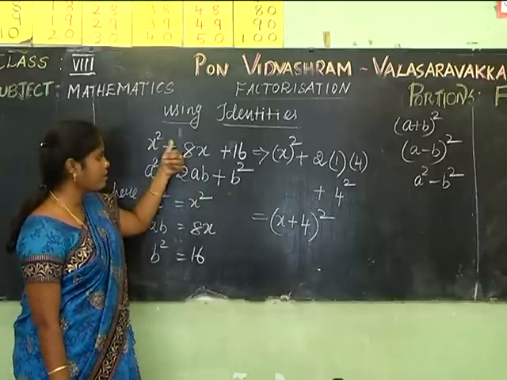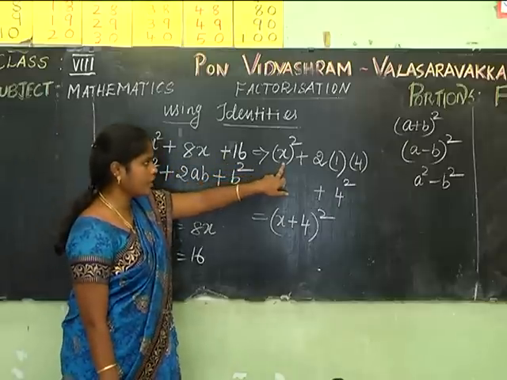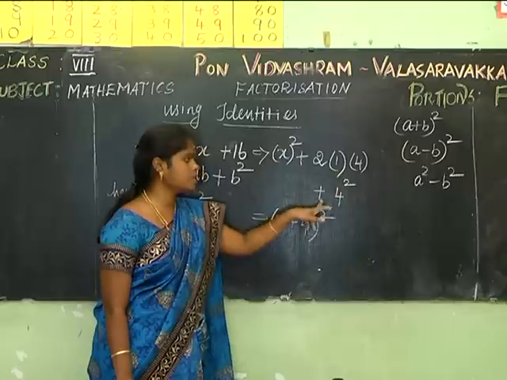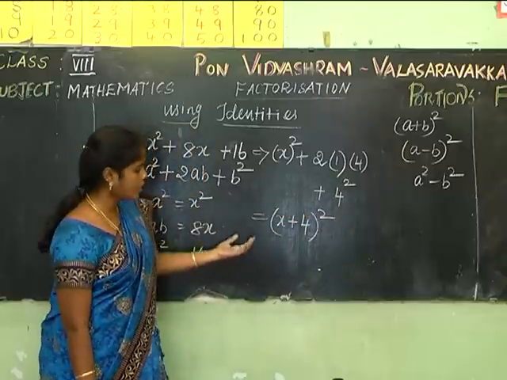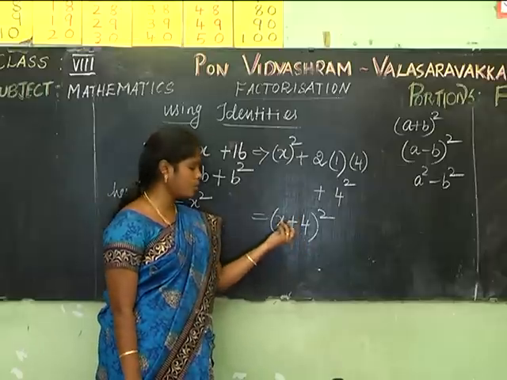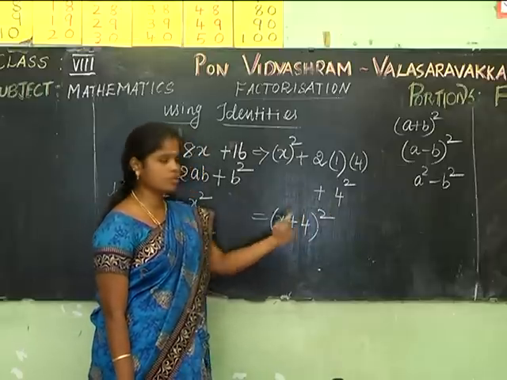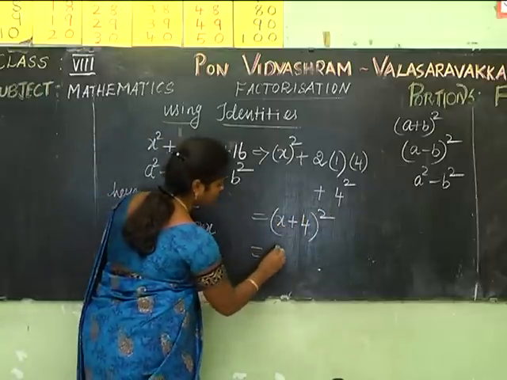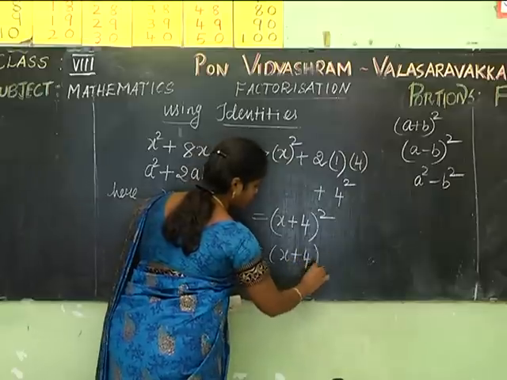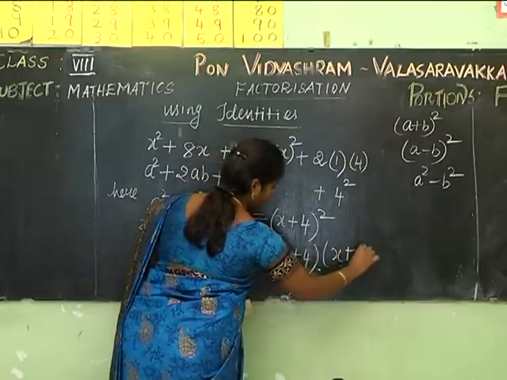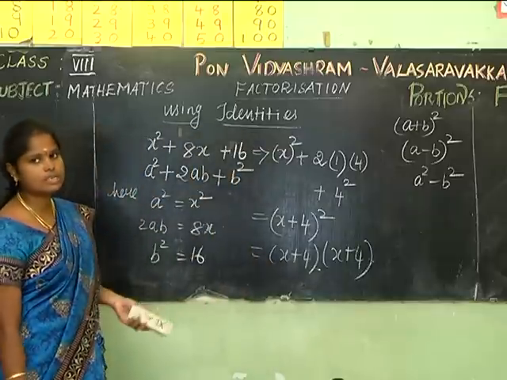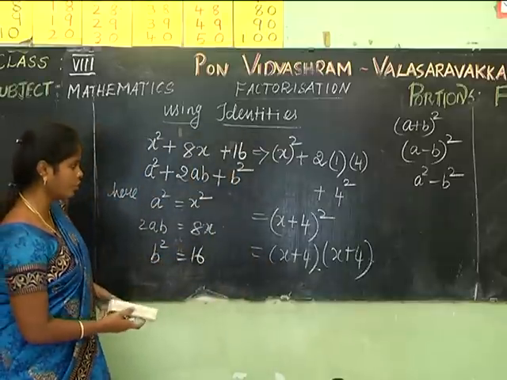So we can rewrite this expression in the a square plus 2ab plus b square format. So we can take a plus b the whole square. So the factors of this expression are x plus 4, x plus 4. This is another method to factorize the given polynomial.